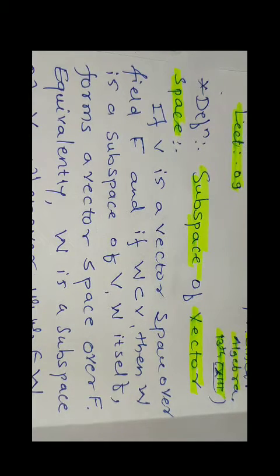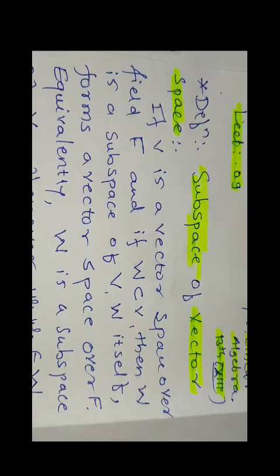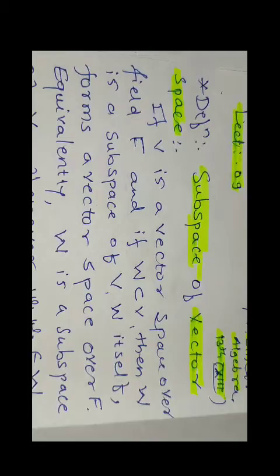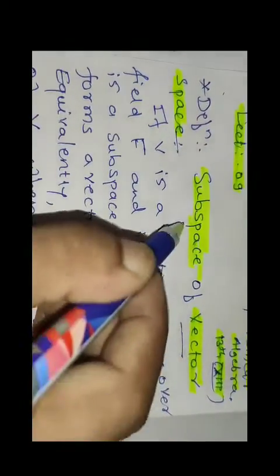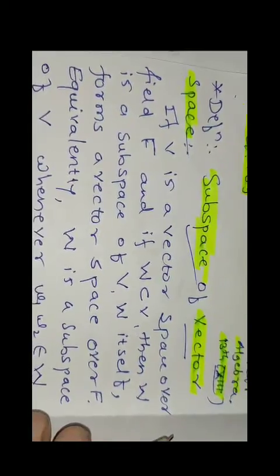Like that we are going to discuss a subset of a vector space, and that is called a subspace of a vector space. Because a vector space is a set, definitely it has a subset, and that subset is called a subspace.